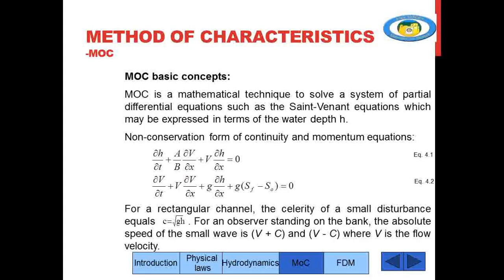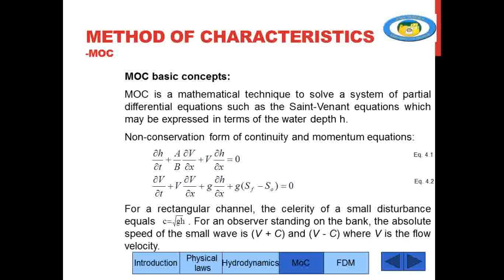So this is the absolute speed of the small wave. Mind you, the celerity C is the one under static or still water conditions; this is a very general equation. So V plus C and V minus C.